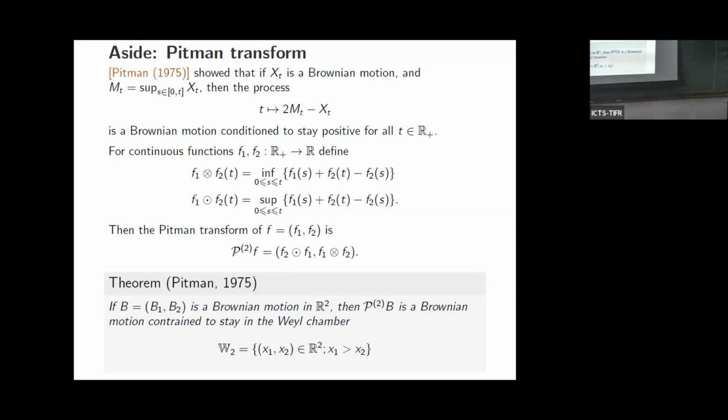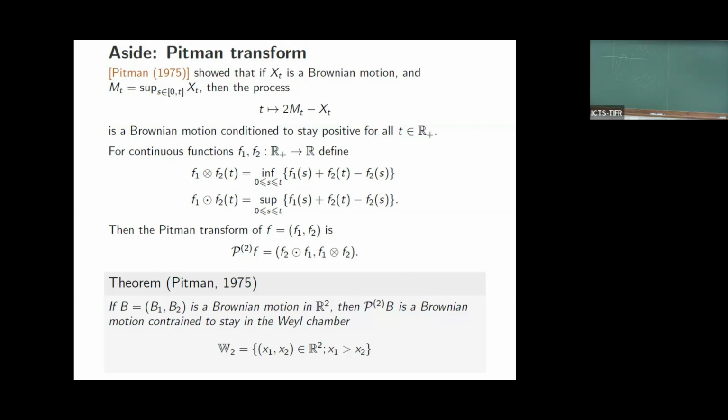And then he considers M_t, the supremum of X_s for s in [0,t]. So it's the supremum up to time t. And he considers twice M_t minus X_t. So this is a certain transform.